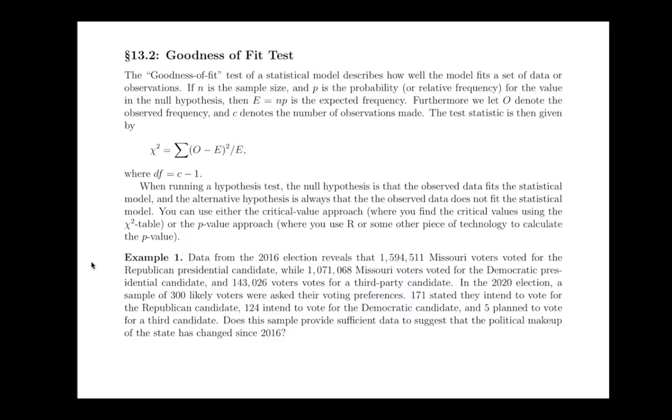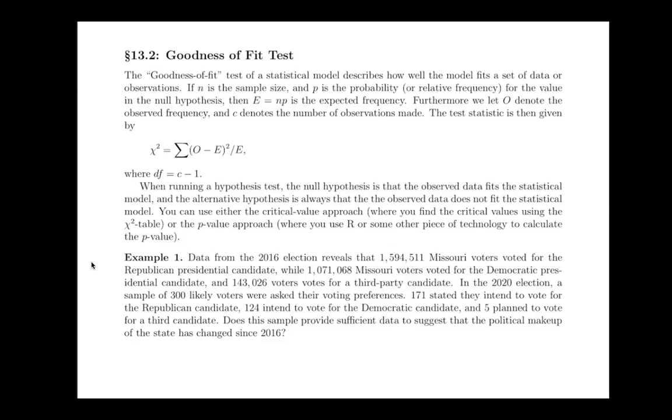We'll make sense of that formula soon. We're going to let capital O denote the observed frequency, and we're going to assume that we have lowercase c observations made. In our case, if we're talking about Democrats, Republicans, or others, there are basically three categories.